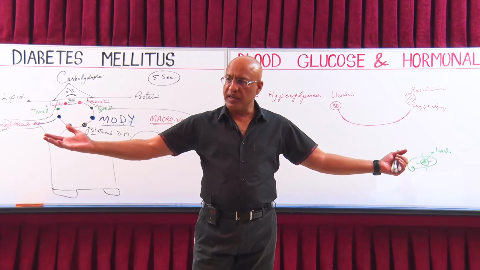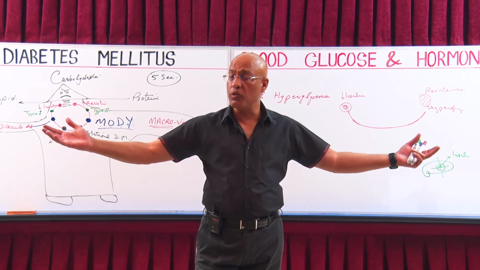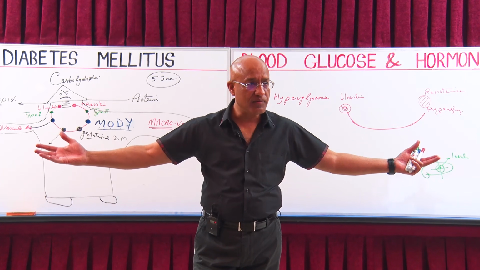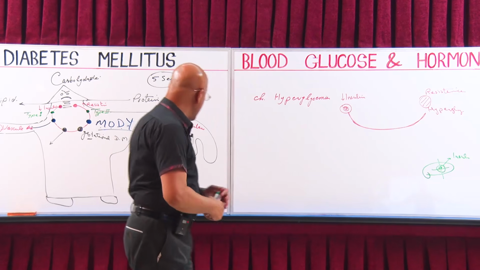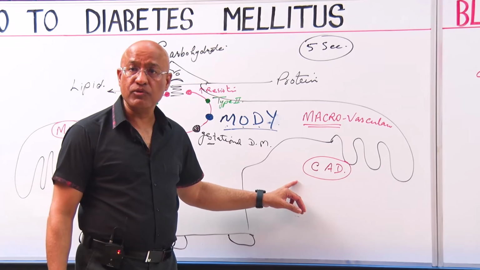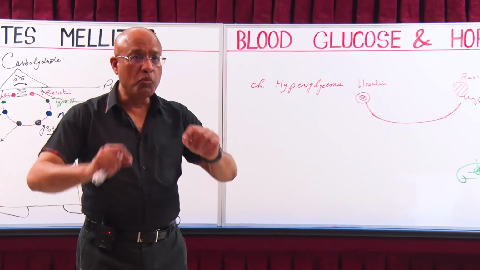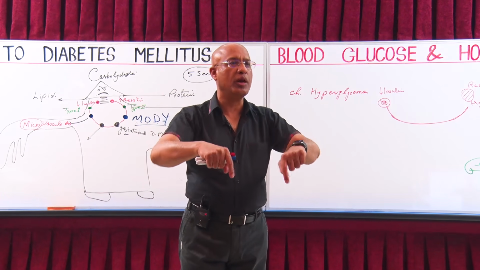Both of them will develop atherosclerotic disease or multiple atheromas, right? But in the patient with diabetes mellitus, atheromas will be more severe, more diffusely present, and developing at an earlier age.